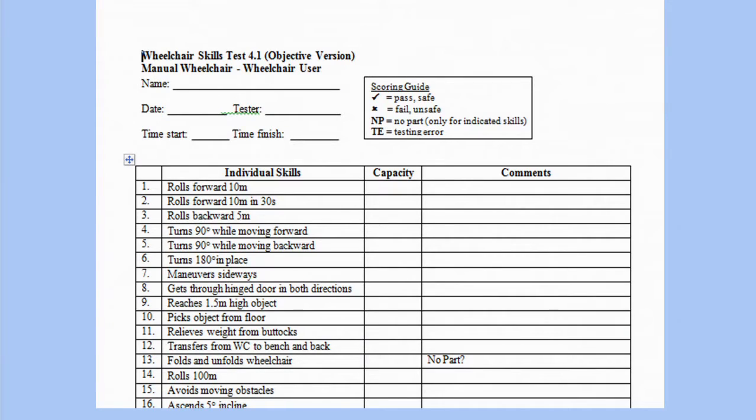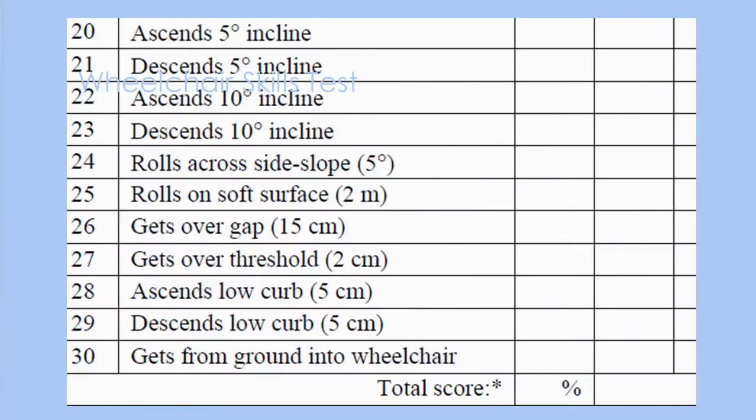It has a whole bunch of skills, but some of them have a lot more to do with avoiding moving obstacles, ascending inclines, etc. And so, I tried to make it bigger so you could see. How did I do? From the back of the room, better?